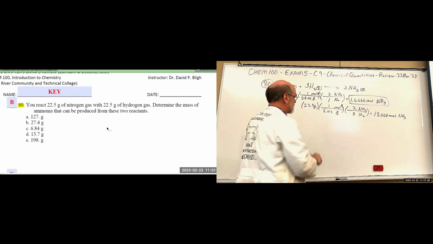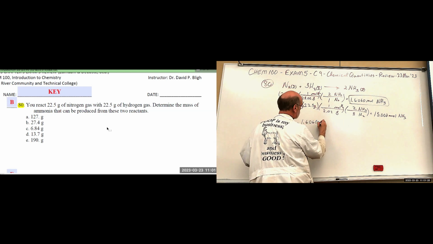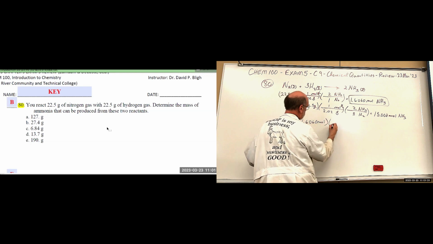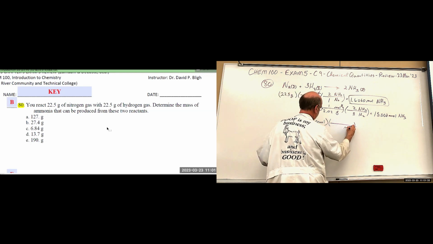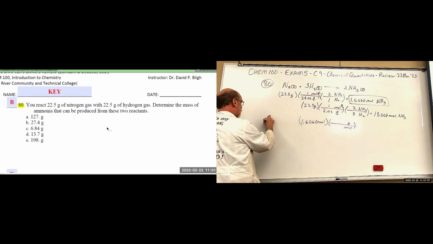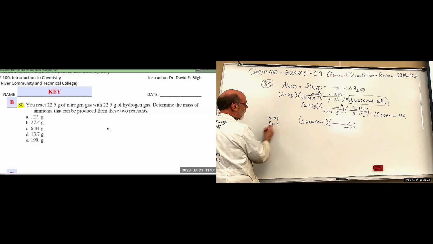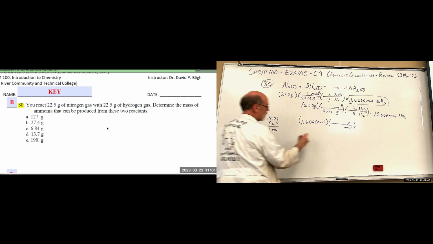So how many grams is that? 1.6060 moles. What's the molar mass of ammonia? Well, it's 14.01 for nitrogen and 3.03 for all of the hydrogens. So that's 17.04.